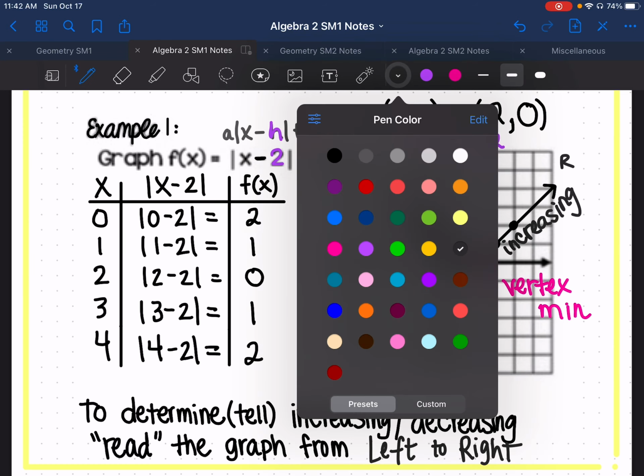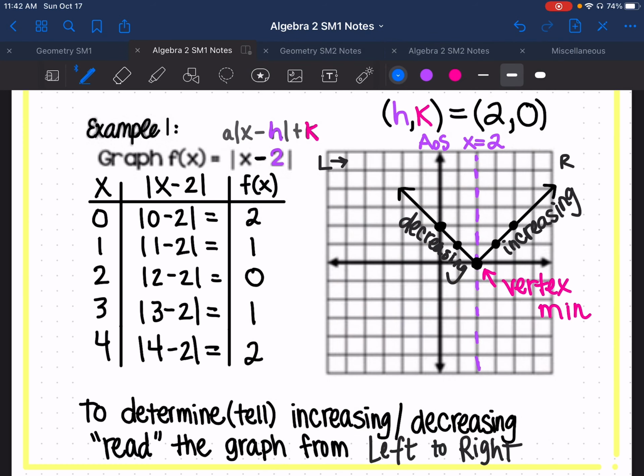Remember, these values right here represent your domain because X is always your domain. But remember, you're really taking that graph and you're flattening it to this X axis. Remember that over here on this side is negative infinity, and over here on this side is positive infinity.